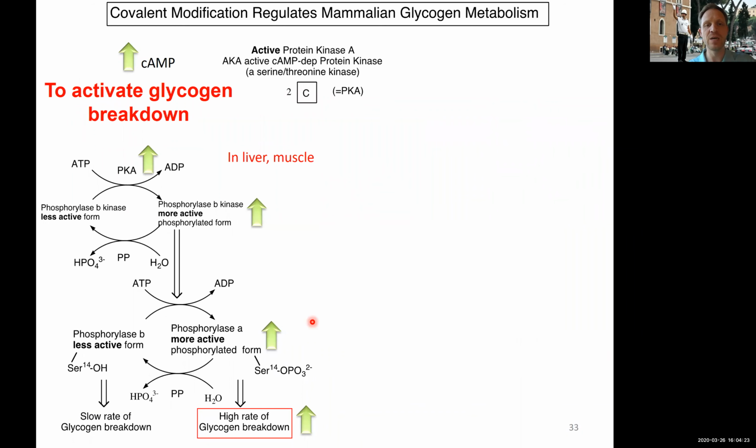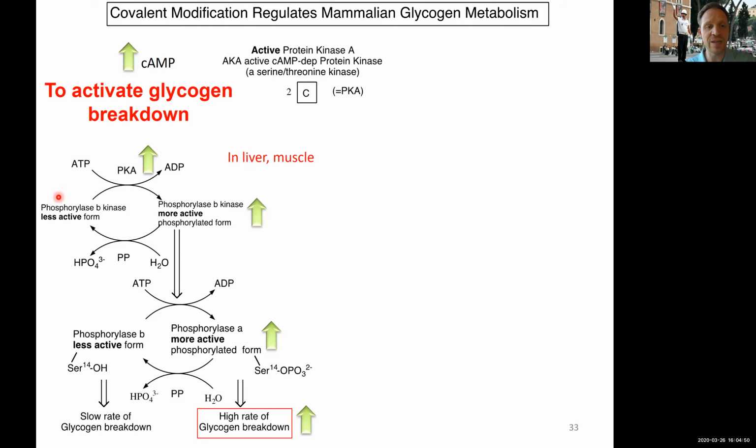Step one, right? So in the liver and in the muscle, now you're wanting to make more glucose, your cyclic AMP is increased. We want to activate glycogen breakdown to generate more glucose. Cyclic AMP now activates our PKA, our protein kinase. What it does now is that it is phosphorylating, that's its function.